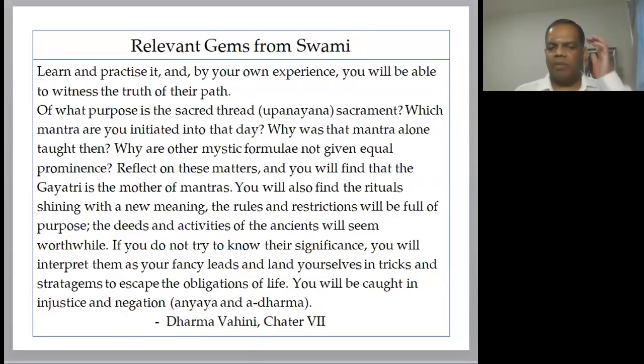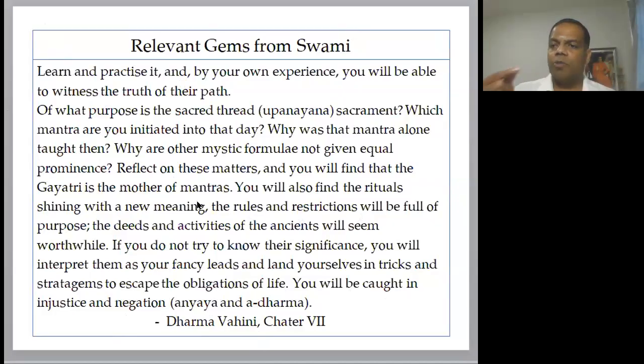So this is from Dharmavahini, 7th chapter. I picked it up because Swami is saying, learn and practice it, sadhyatam. So we have to practice this 3 times a day, at least, hold on to it. And Swami also says, how do we practice this? Swami has talked about all this. The rules and restrictions have to be followed.